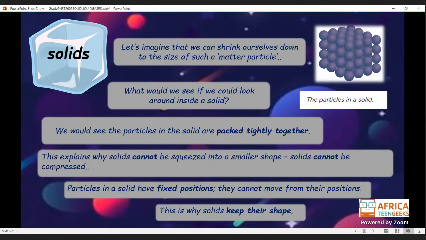So visibility, shape, space, and flow or movement are your different properties. Now solids, when it comes to visibility, are easy to see, right? Liquids are also easy to see.